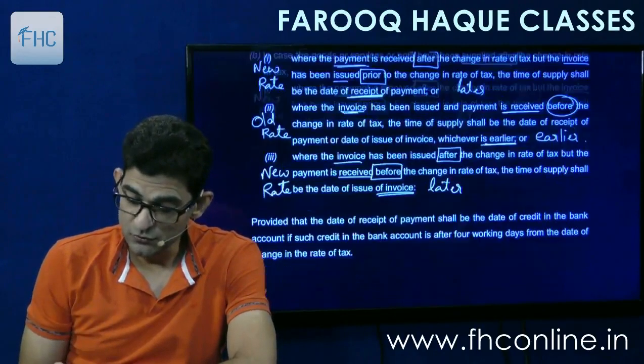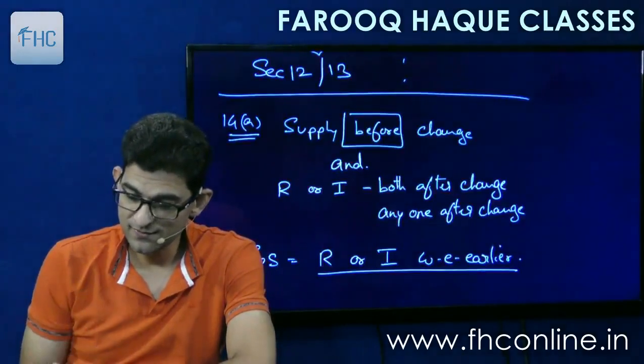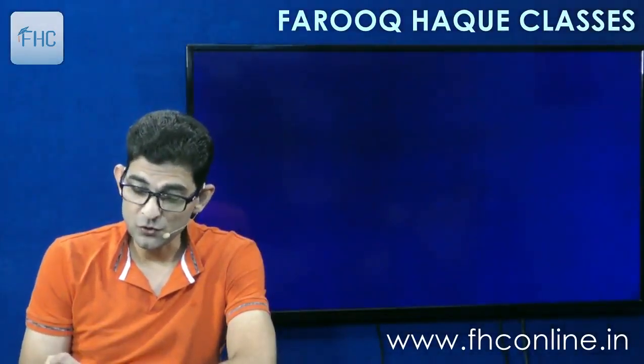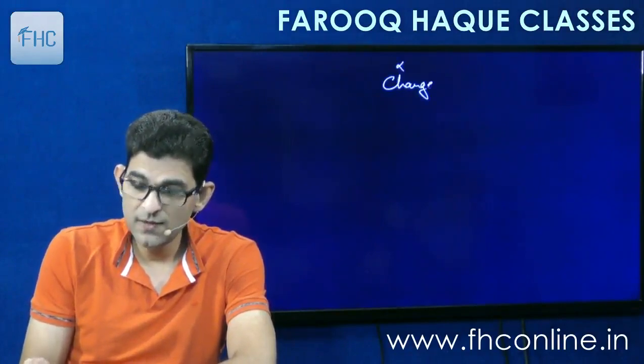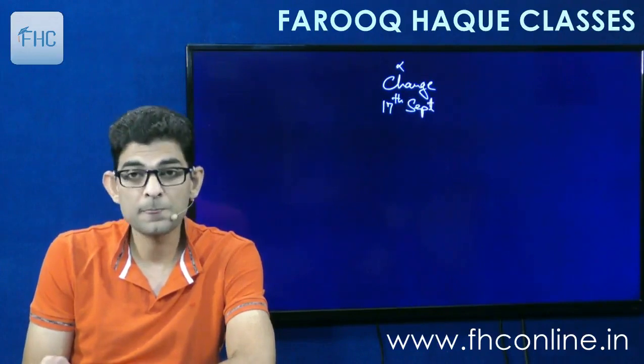So let's put this also in a small chart and understand, and then I'll give you the logic. So again let us take change. And now change is happening on say 17th of September.